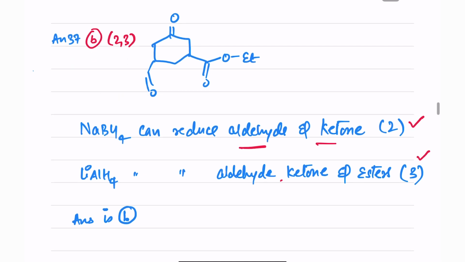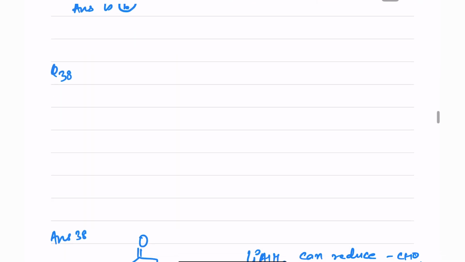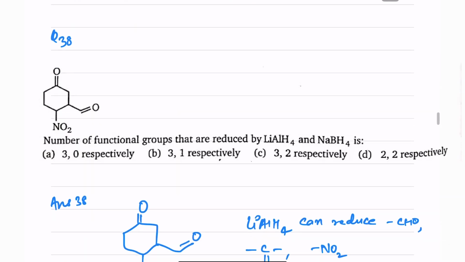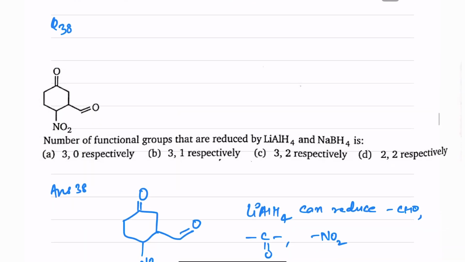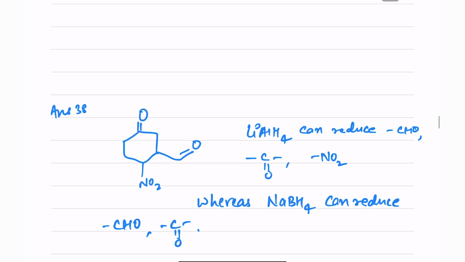A similar type of question is there in question number 38 also. In question number 38, again, we have been asked the number of functional groups that are reduced by LiAlH4 and NaBH4. Three functional groups are given: one is aldehyde, one is ketone, and third is nitro. Again, LiAlH4 can reduce aldehyde to the respective alcohol, ketone to the respective alcohol, and nitro to amine, that is NO2 to NH2.